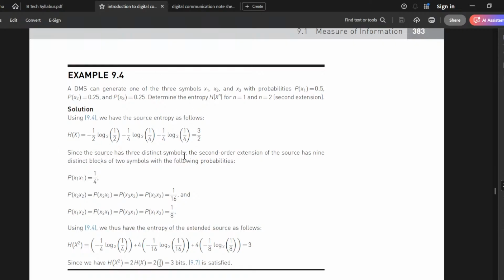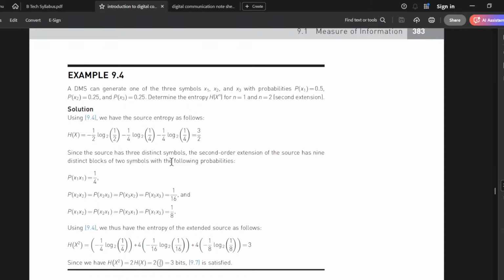Since the source has three distinct symbols, the second order extension of the source has nine distinct symbols. How? Since the source has three distinct symbols x1, x2, x3, now it will group: x1 x1, x1 x2, x1 x3, x2 x1, and so on. So here we will get 9.